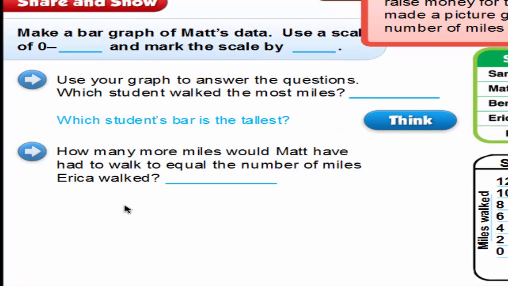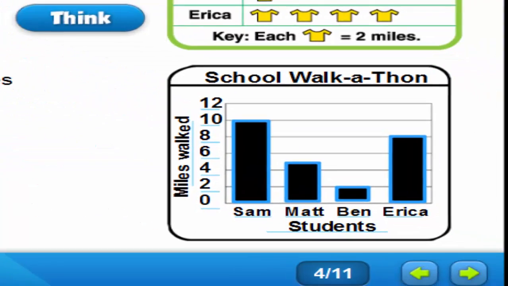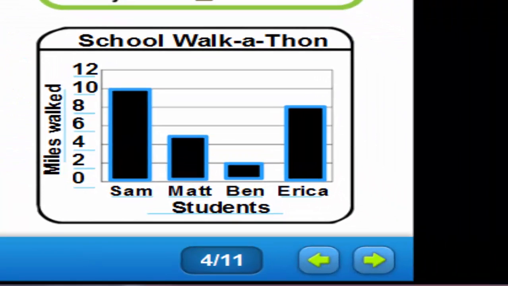How many more miles would Matt have had to walk to equal the number of miles Erica walked? Well, first of all, I'm going to circle the names of the 2 kids that I'm looking at in the data because I don't want to get confused with who I'm looking for. I'm looking at Matt's data and Erica. It also says how many more miles would Matt have had to walk. So let's look at how many Matt walked.